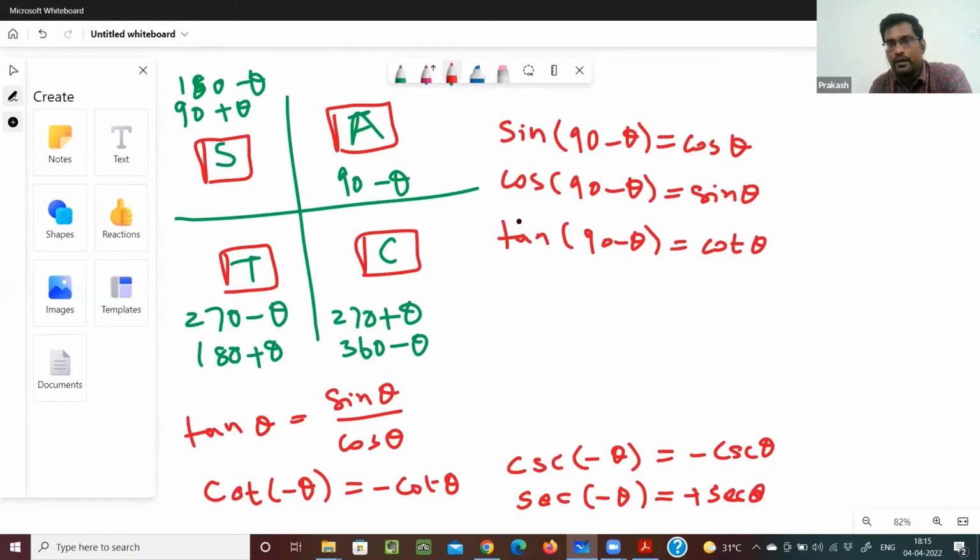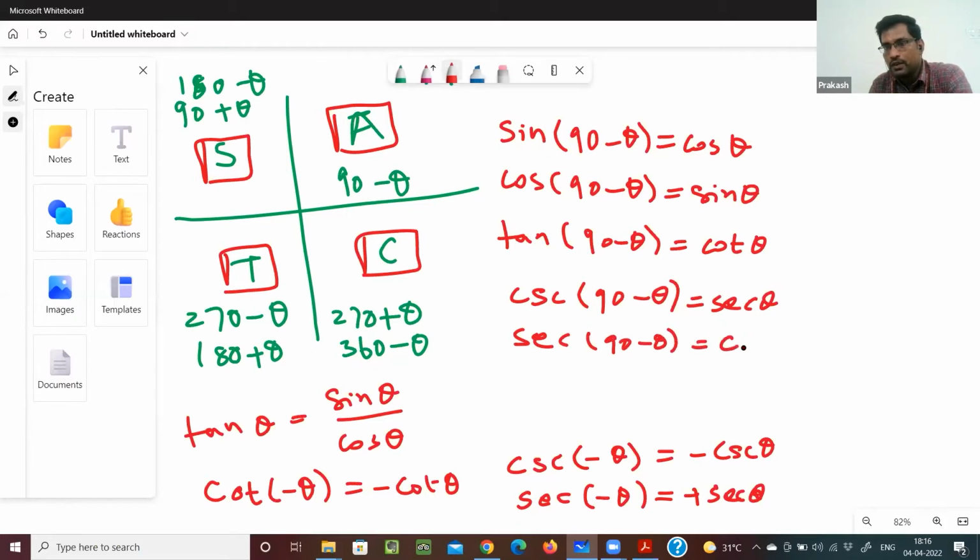Even we can write cosecant of 90 minus theta equal to secant theta, and secant of 90 minus theta is nothing but cosecant theta. Even cot of 90 minus theta we can write as tan theta. So these are very simple identities. I think we won't get any doubt here.